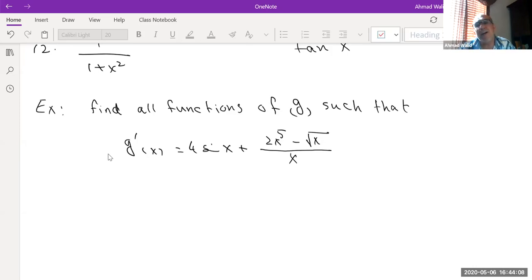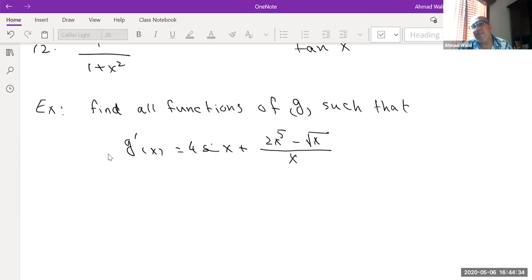They are asking you to find function g. Find all functions g. It means find the most general antiderivative of g prime. It means you should have plus C in your answer. To start with, I do some algebra first, even before going to g.